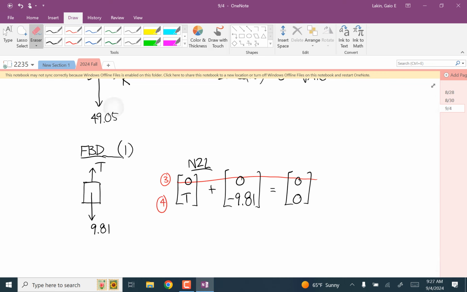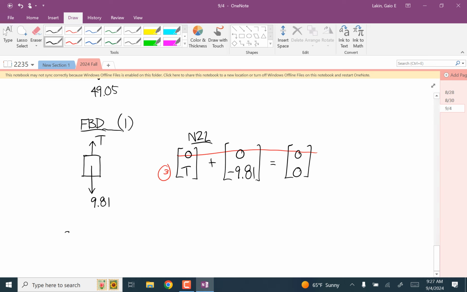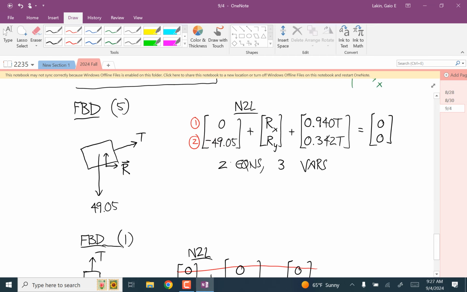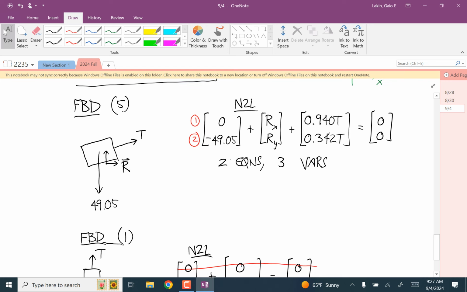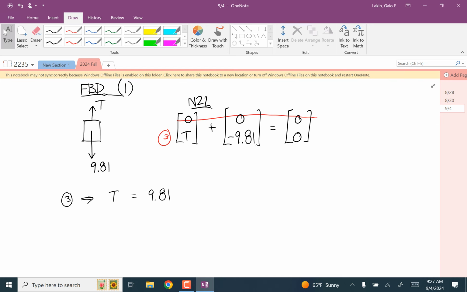Well, I don't know. Maybe I'll just make this equation 3. But now we have 3 equations for 3 variables. So equation 3 tells us that T is equal to 9.81. Now we can plug that into equation 1.